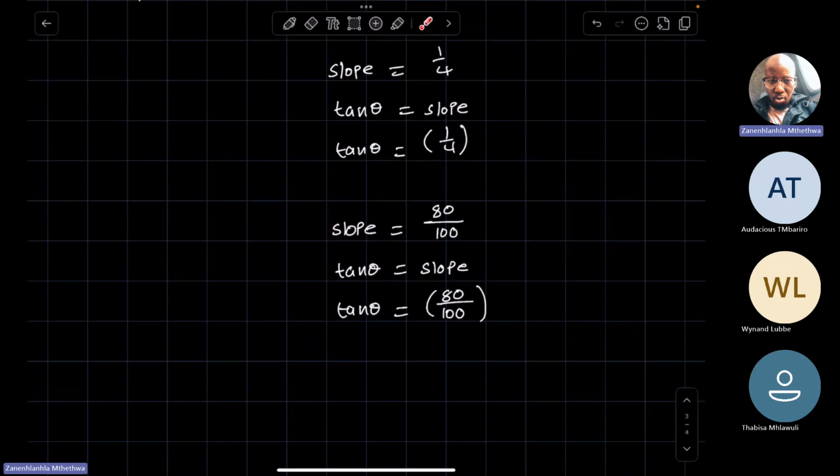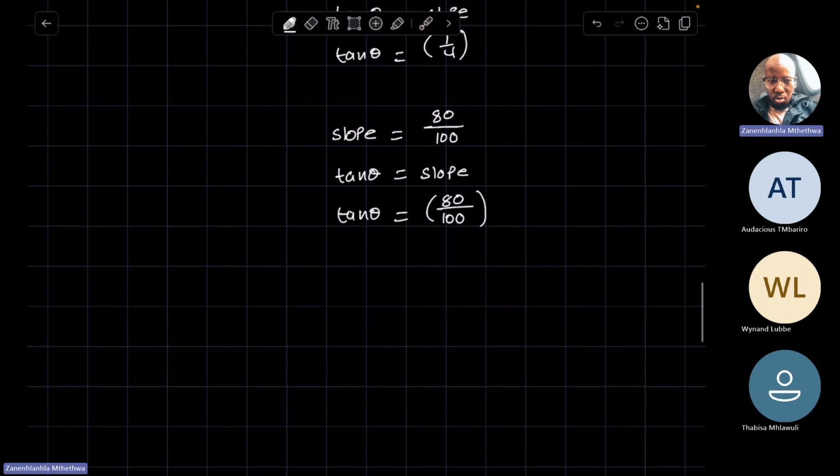Similarly, if they say the slope is 80%, you again use the very same logic, that tan theta is equal to the slope. So if the slope is 80%, which is the same as 80 over 100, then tan theta is equal to 80 over 100. And then from here, to get theta, it's arctan of 80 over 100. Are we clear?